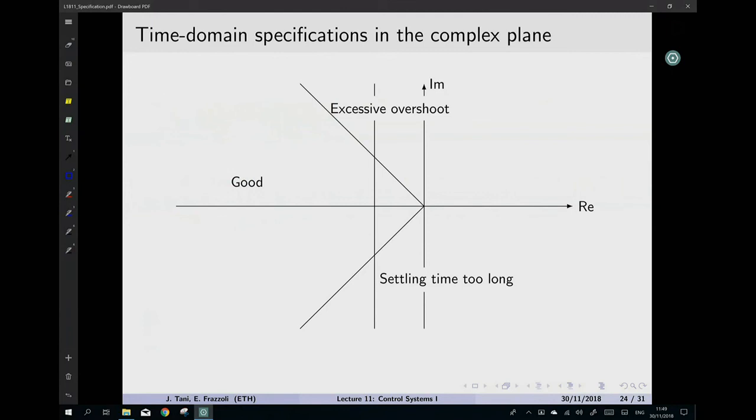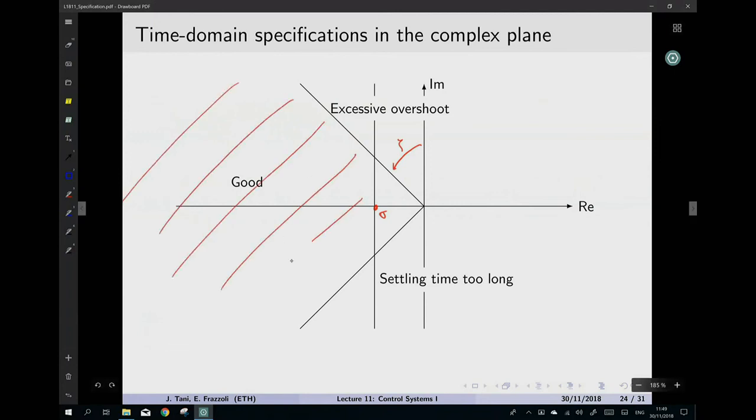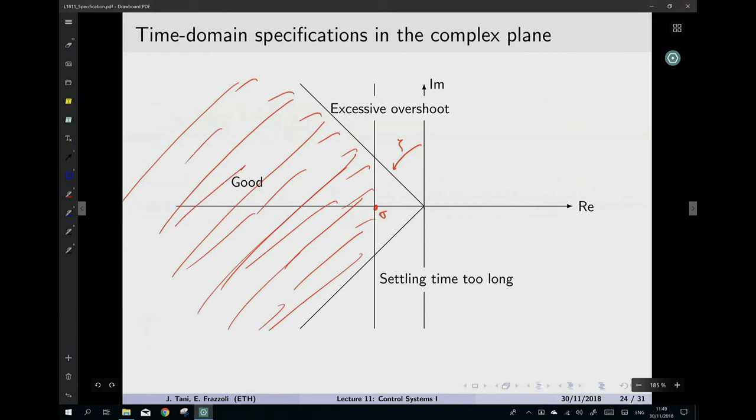So this just means, through the analytical approximations that we saw before, settling time is nothing but something that translates on this value here, and overshoot is nothing but a given value of zeta. So all the combination of poles that are in this region here of the plane would be solutions to those specifications. And we will see probably in an exercise session or some other time that it's very straightforward to use the Routh criterion, for example, to place your poles in specific regions of the plane.